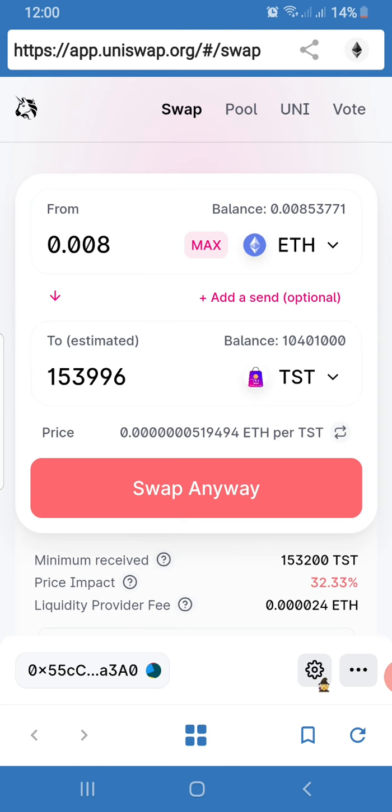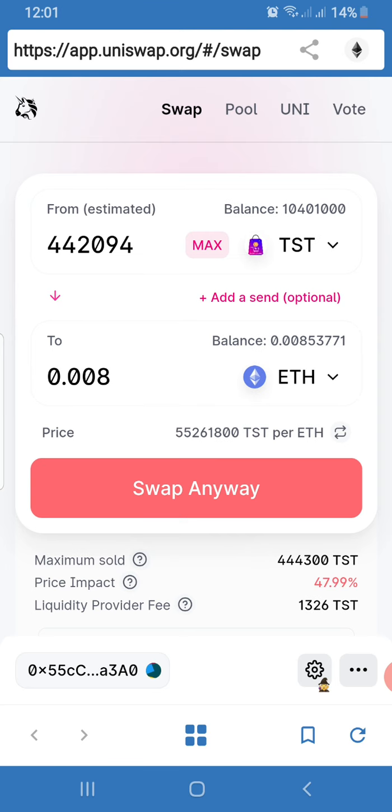So let's say the roles are reversed. Let's say I want to sell. If I sell 442094 TST to get 0.008 Ether, what it means is that the maximum I can sell, or will be deducted, is going to be between 442094 and 44300.